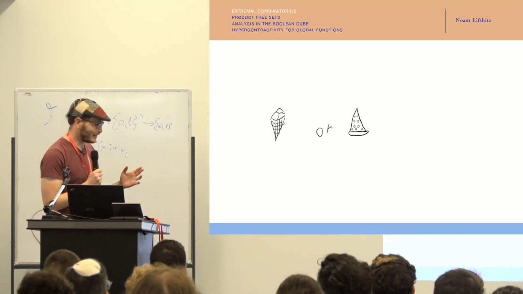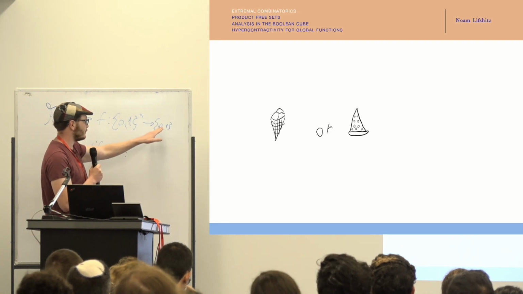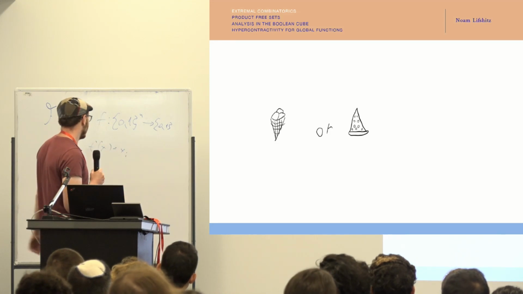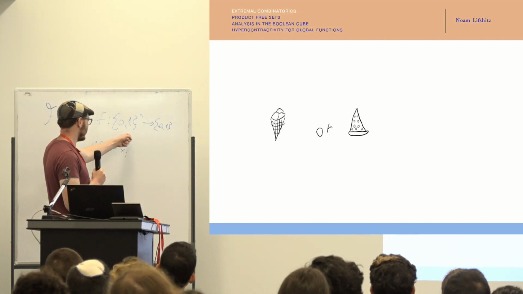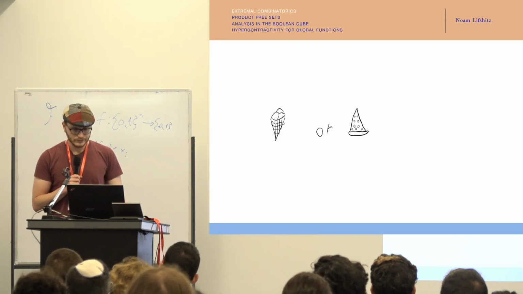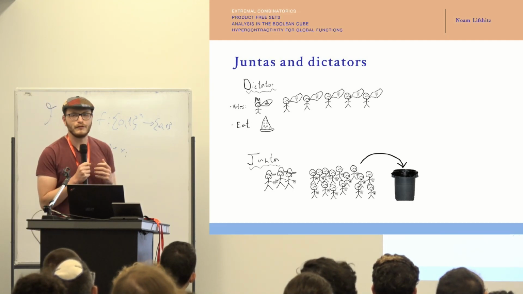Okay, so this terminology stems from social choice. You have a Boolean function, and you can think of 0 as pizza and 1 as ice cream. And you have a function that takes the votes and outputs whether it's pizza or ice cream. There are two types of Boolean functions that we can look at.